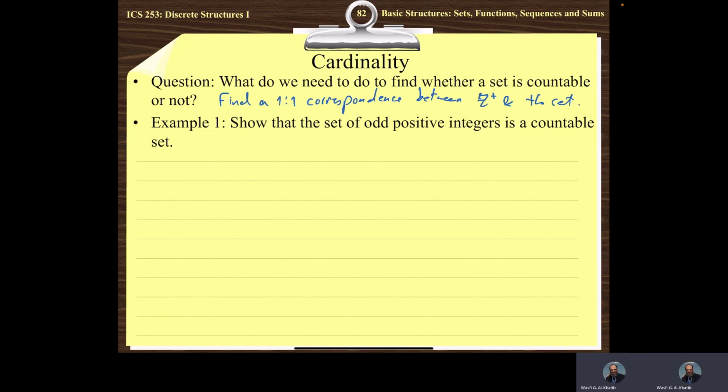Okay, so Z plus has the same cardinality as the odd positive integers. So let's list Z plus, which is for example 1, 2, 3, 4, 5, and can anybody define a function that will take 1 to 1, 2 to 3, 3 to 5, 4 to 7, 5 to 9, and so on and so forth?